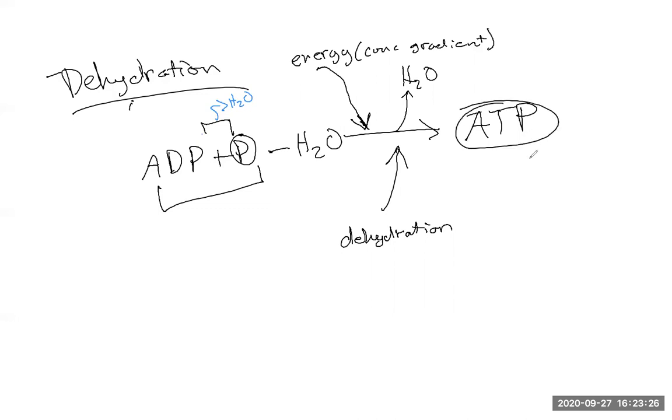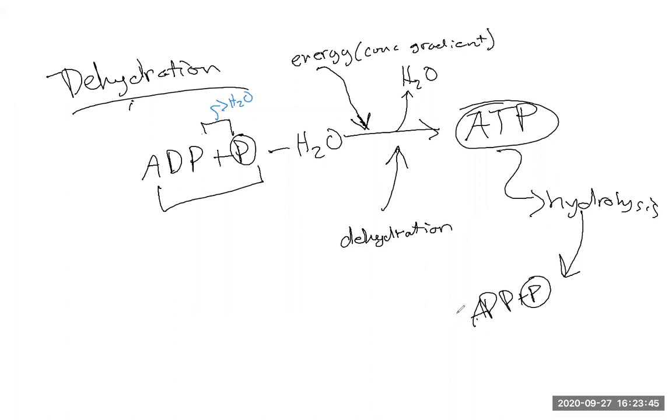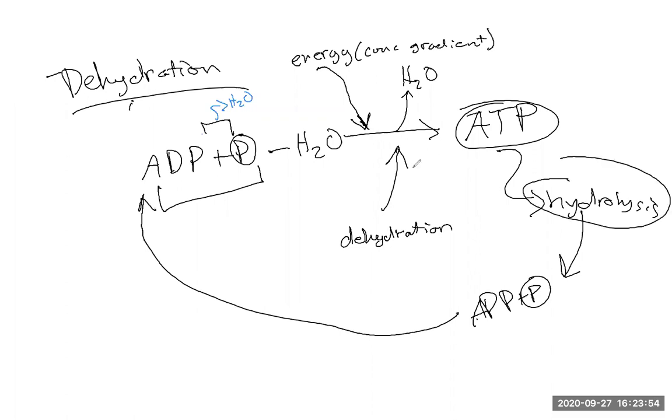And then this ATP can go through hydrolysis, and then that hydrolysis will turn it back into an ADP plus a phosphate, right? And then it comes right back in. Pretty cool how it all links up. So there's our hydrolysis, and this is our dehydration.